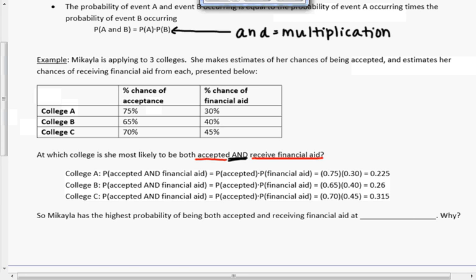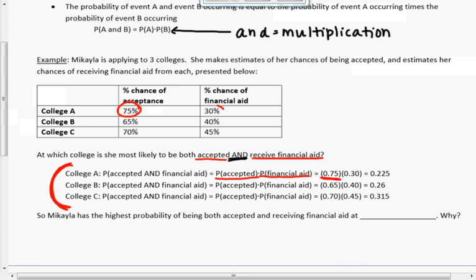So you'll see down here, it goes ahead and does it for you, but at least it's done so you can kind of see. So college A, we've got the probability of her being accepted and the probability of her receiving financial aid from this. So you can see that it kind of wrote it out. Probability of accepted times probability of financial aid. Well, according to the chart, the probability of her being accepted is 75%. So you can see that there's 0.75.